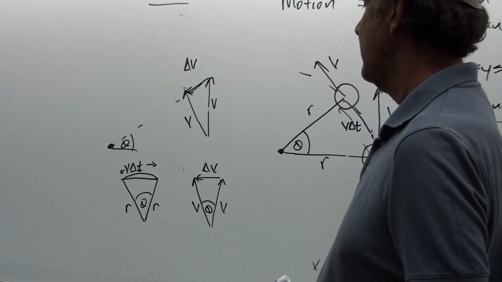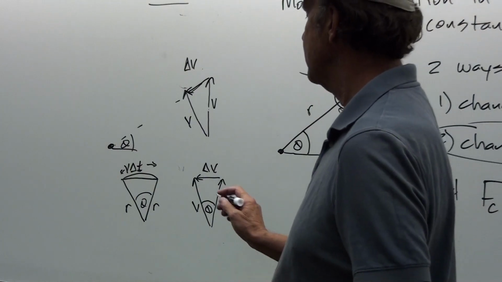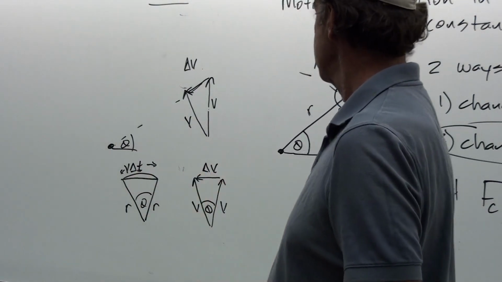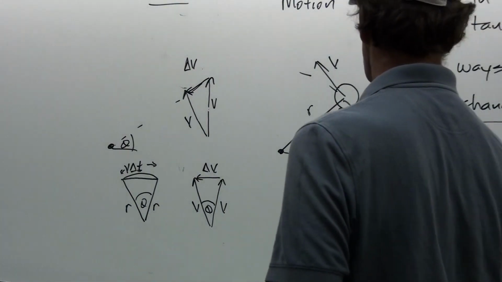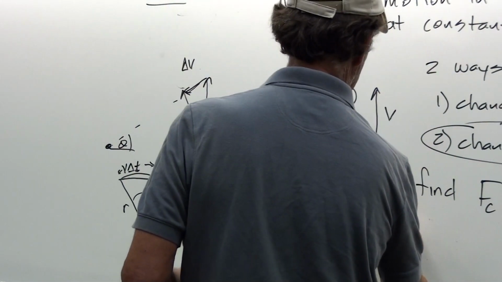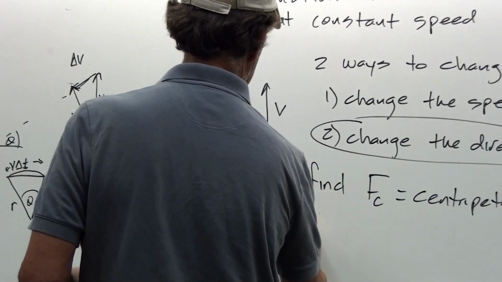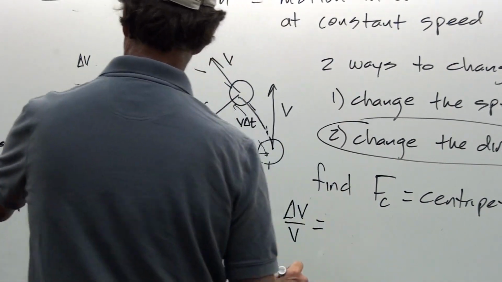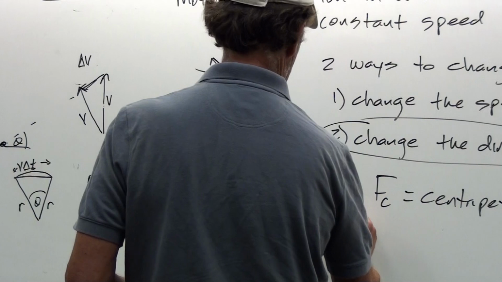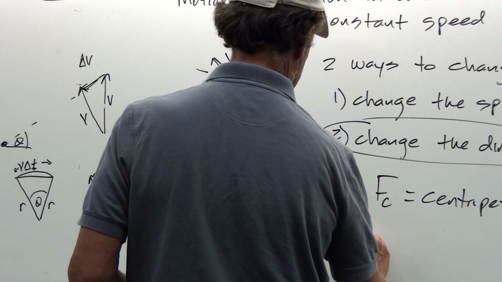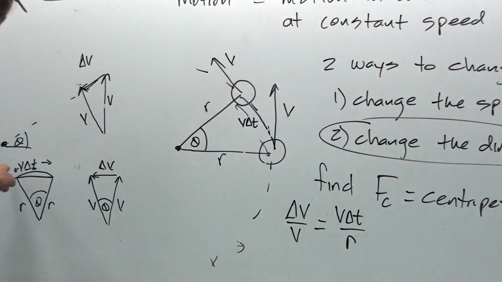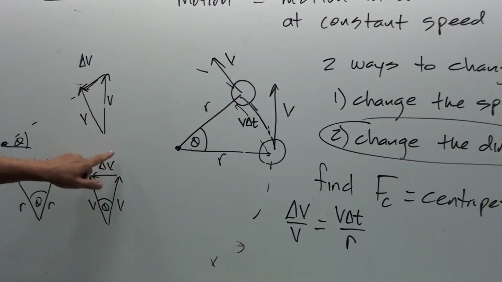As long as we take small times, we can say that this triangle is similar to that one, and we know that the ratios of the sides of similar triangles are the same. So we can say that delta v is to v as v delta t is to r. This side is to that side as that side is to that side.